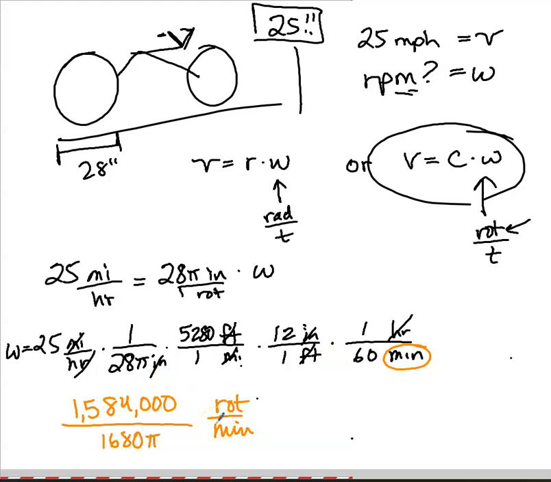Now, again, if you came up to me and said this, I would say, what the heck does that mean? So let's go ahead and convert that out to a decimal. So let's see. That guy divided by, make sure when you put this into your calculator, you need a parentheses around that bottom. Otherwise, it's not going to be correct. So I got about 300.1 RPM. Woo! Those are some fast moving tires, right?